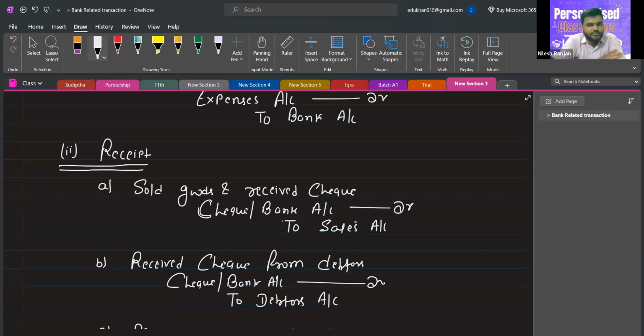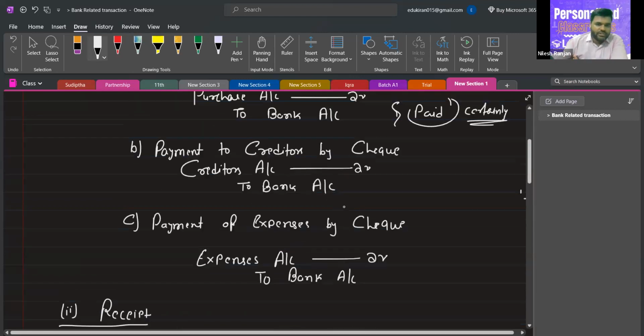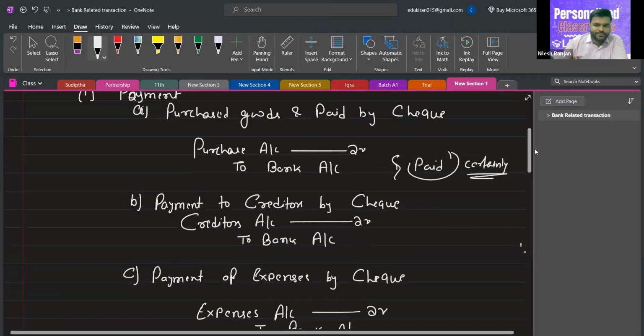Because the check is given by some other person and we don't believe that person. It is actually human nature that we don't believe someone else. So that's why there is this difference in entries. Now you can write these.